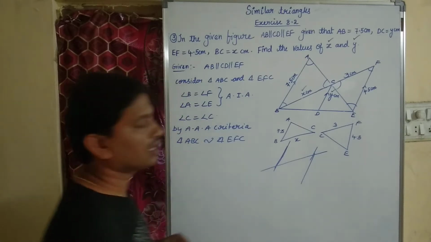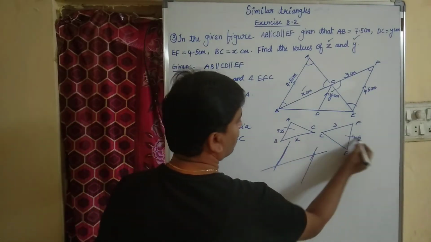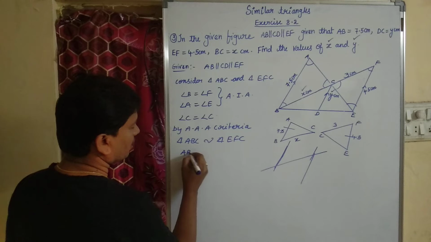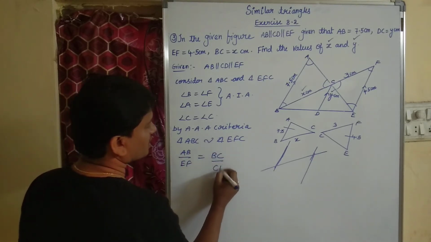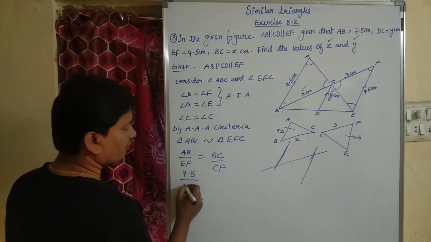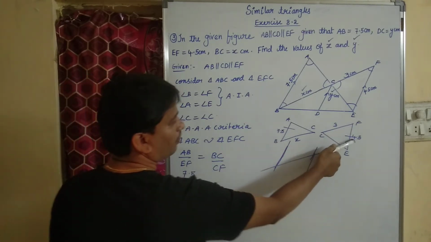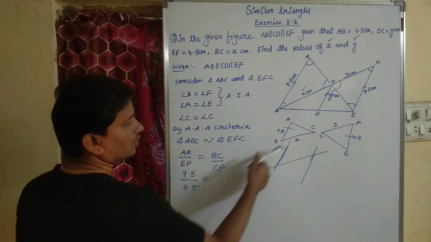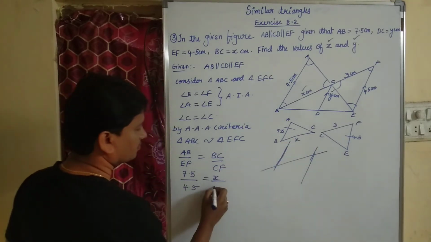If two triangles are similar, their corresponding sides are in the same proportion. The corresponding side of AB is EF and of BC is CF. The length of AB is given 7.5, EF 4.5 is equal to BC, which is x, and CF is given 3.